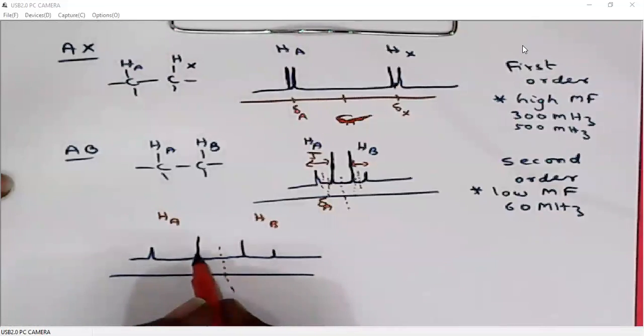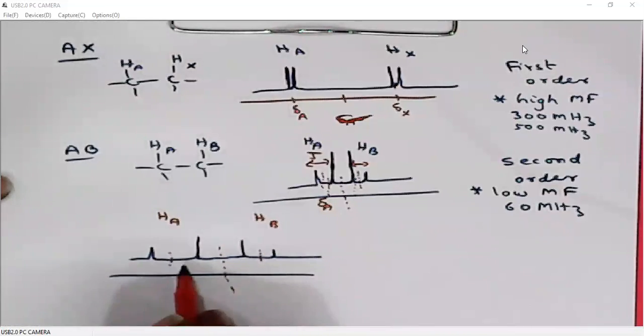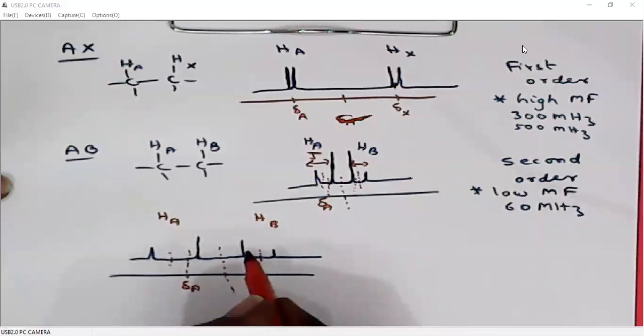Then if you consider this is the HA type protons, we will try to predict the delta at the middle, right? Generally we will take the middle of the multiplet as the delta value, but in this case, in the second order spectra, we cannot take the delta exactly at the middle. The delta value will be closer to the inner peak.